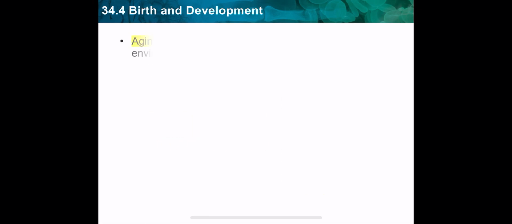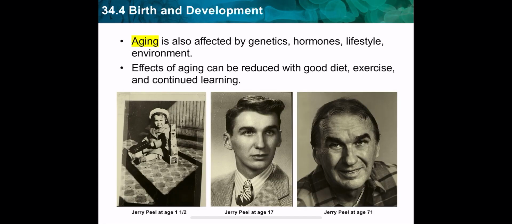After that, aging. Aging is also affected by genetics, hormones, lifestyle, and environment. During aging, you will find decrease in the rate of growth, and the effect of aging can be reduced by lifestyle, by getting a good diet, by exercise, by reading, continuing learning, by improving skills.